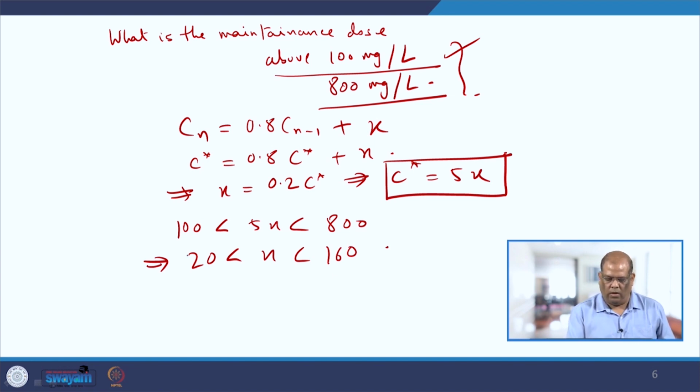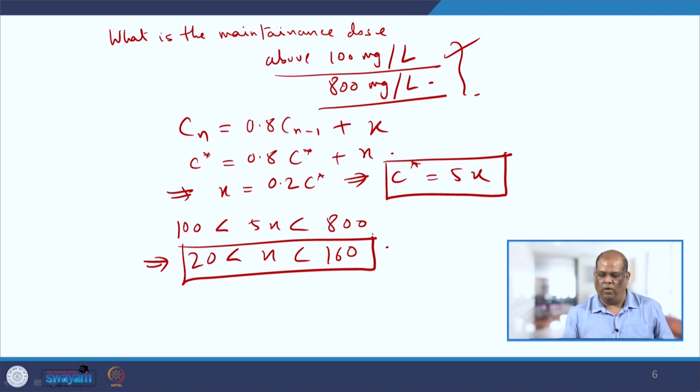So, the dose that you want to give to the patient such that the drug concentration is never below 100 and never crosses the value 800 is that the dose must lie between 20 and 160.